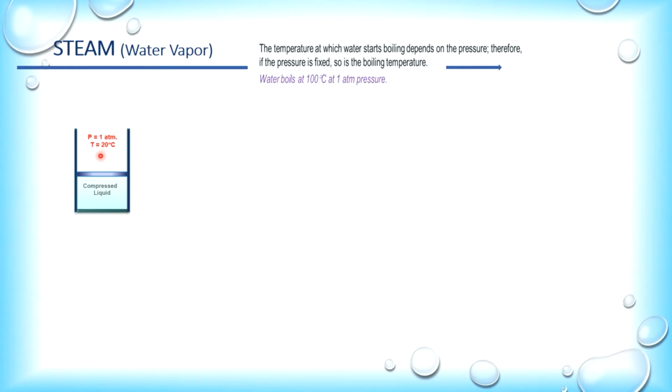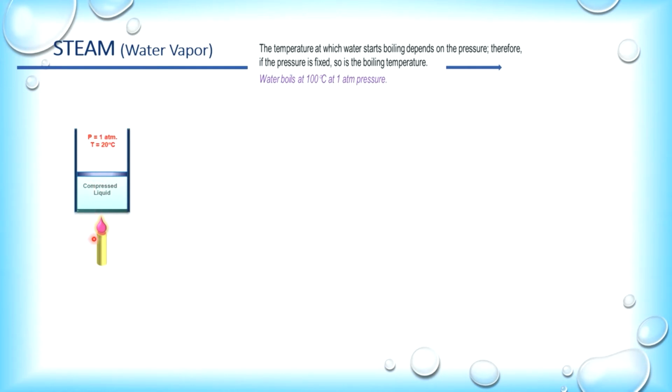Initially the temperature of the water is 20 degrees C. When you supply heat to the water, we are looking at constant pressure, constant 1 atmospheric pressure throughout the entire process.